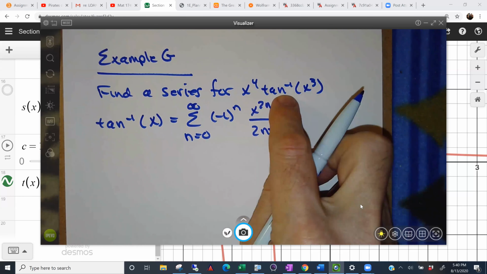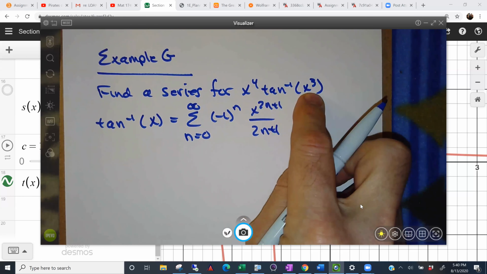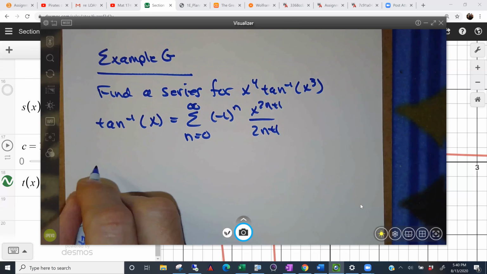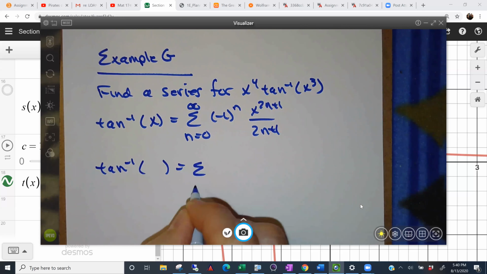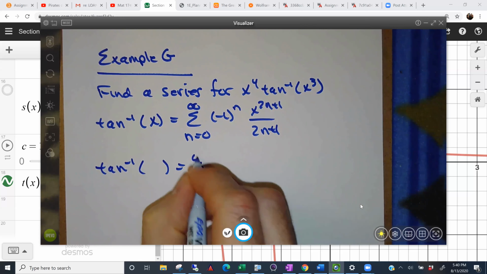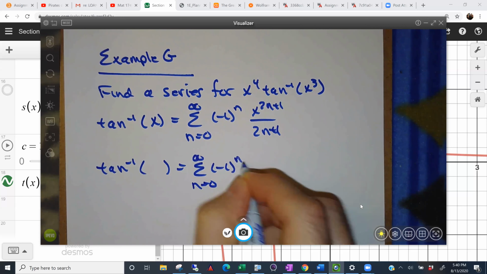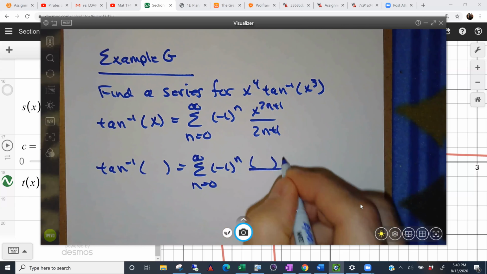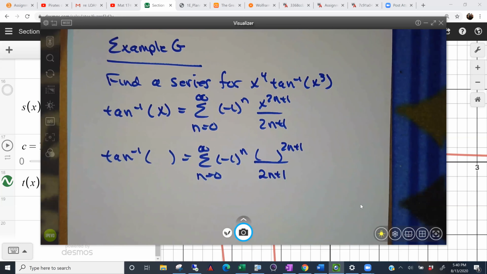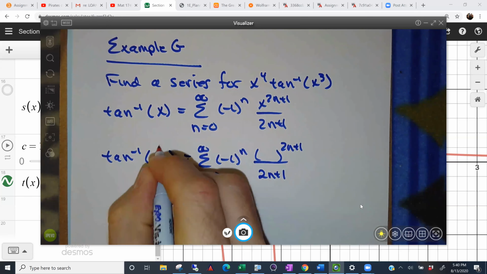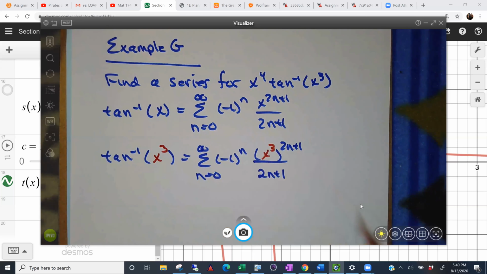Well, but I need the inverse tangent of x cubed. Well, that just means that wherever there is an x, I'm going to put in x cubed. So let's do that here, x cubed and x cubed.